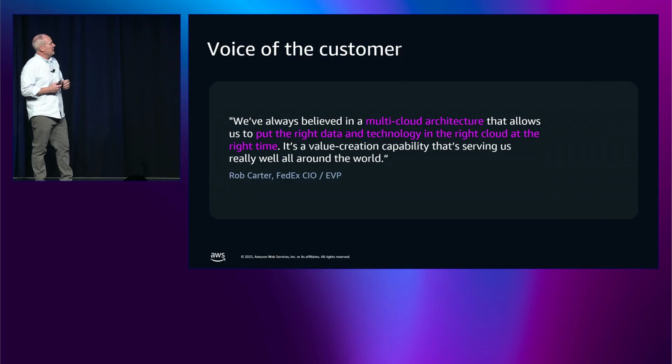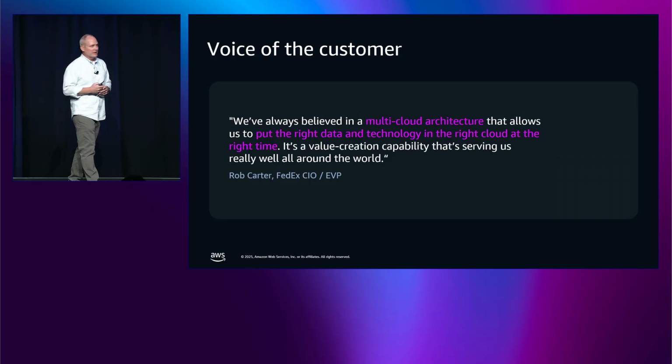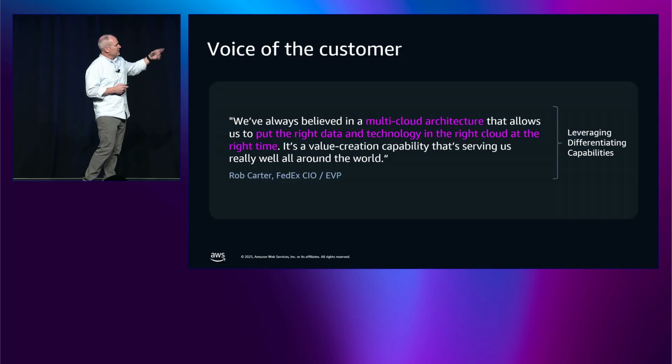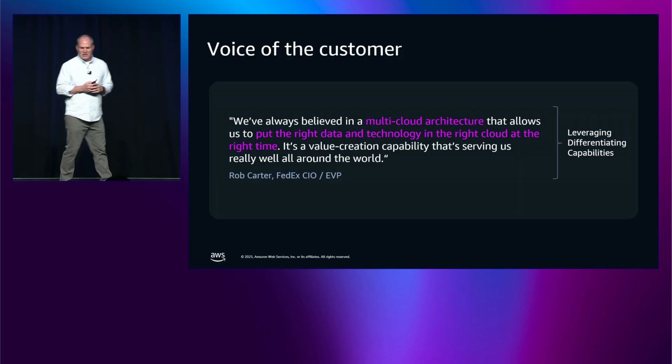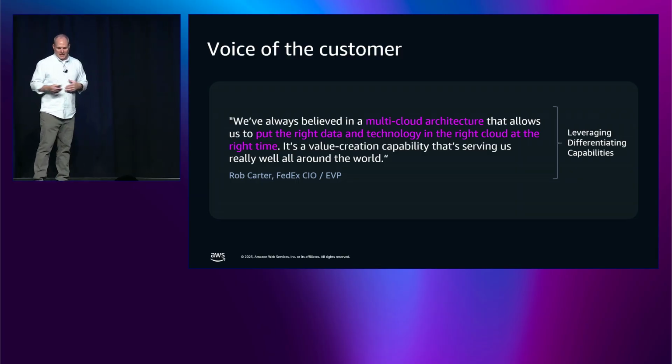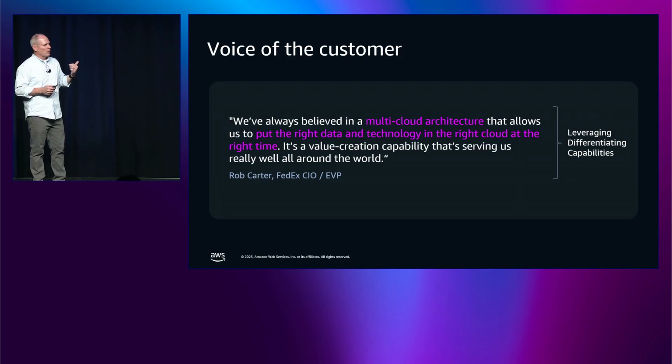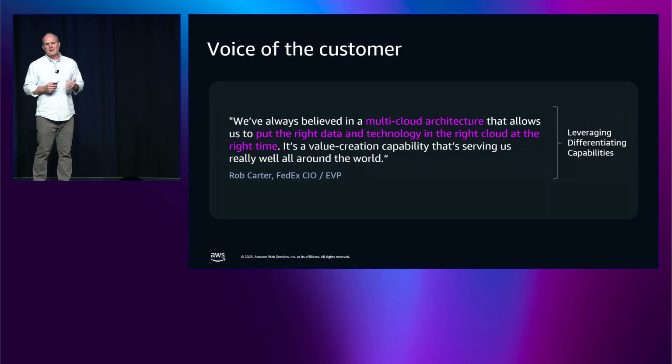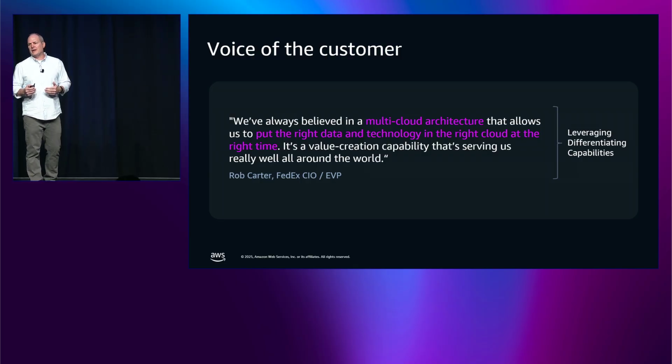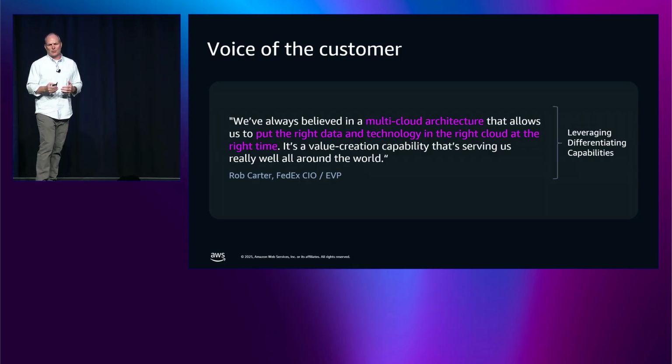So this becomes a challenge, right, for us dealing with multiple clouds. And this is kind of leveraging differentiating capabilities. And a lot of times, we look at this when we're thinking about differentiating capabilities. We like to come in with a good understanding of why we're doing something, and I think that's extremely important when we're thinking about multi-cloud.